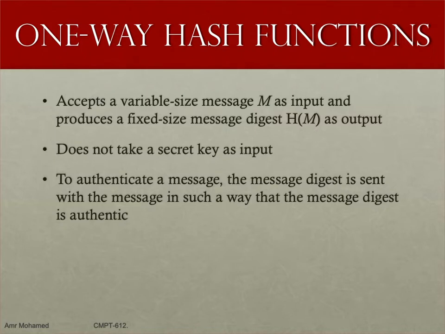The input message could be of any size, but there is a limit, a boundary. We'll talk about it. And it produces a fixed size output, so no matter how long your message is, the output is the same. Which essentially means that the message digest is actually a combination of all the parts of the message.